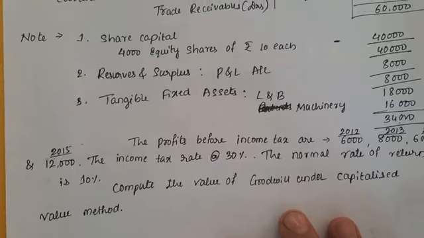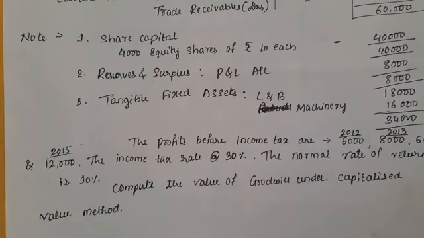This is the problem. Let's begin with the solution. Let me start to solve the above said problem. While calculating the value of goodwill under the capitalized value method, you have to follow different steps.